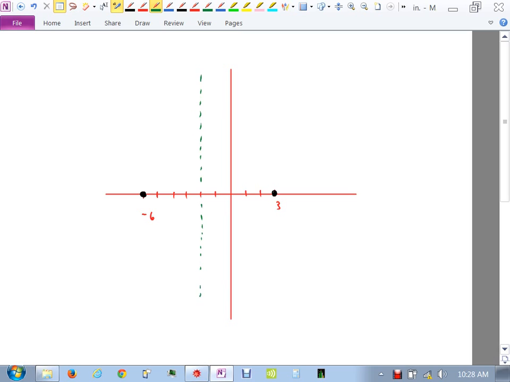While I'm doing this, let me point something out. You may at some point get a problem where your vertical asymptote is at 0. How would you draw a dotted line through your y-axis? That'd be kind of weird, right? Here's the way students have done it in the past. I think it works well.